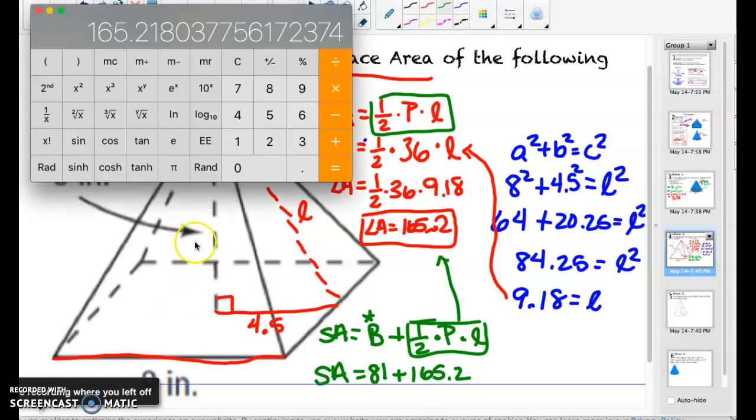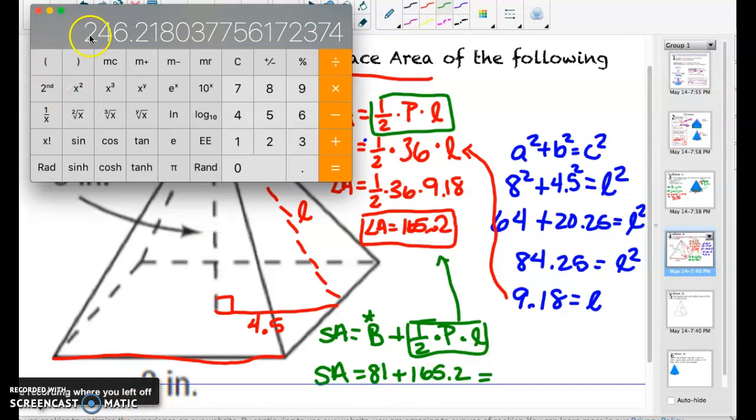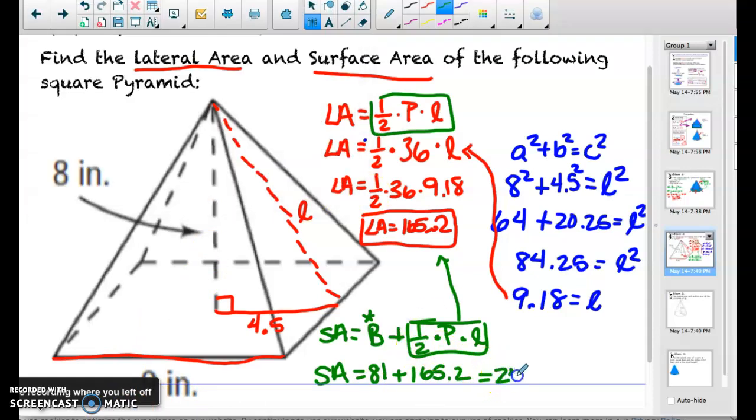I'll bring back my calculator here. I already have that 165.2 in there. I will add the 81 to that. And it looks like our full surface area is equal to 246.2. And there we go. And we are in inches squared, or square inches. For both answers here, this is also in inches squared.